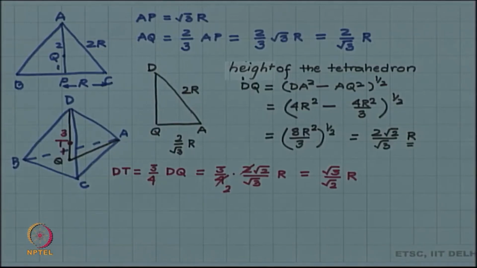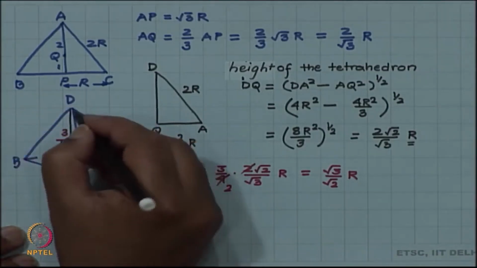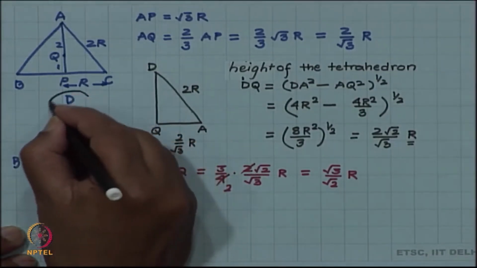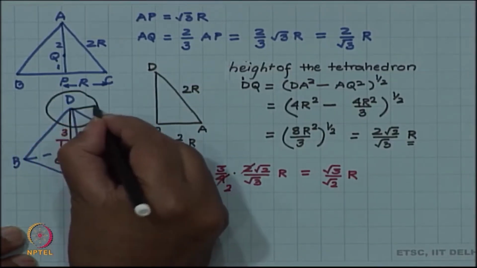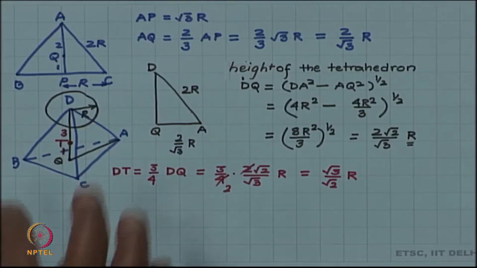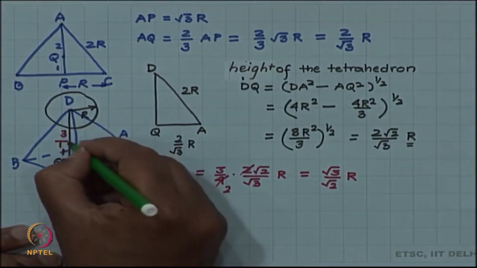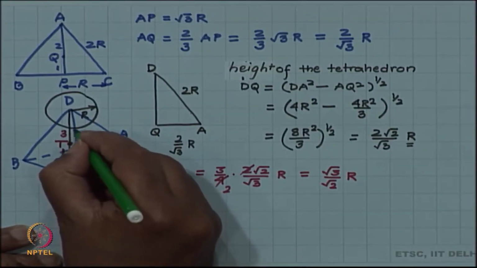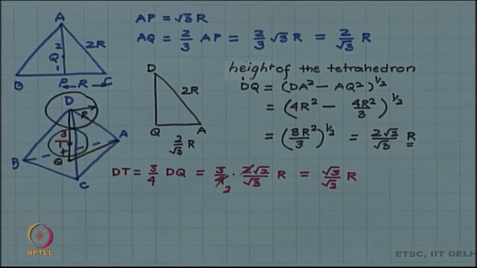Now, let us look at D. There is a sphere of radius R sitting at D. At T is where the void atom can sit, and the largest void atom will be one which just touches this outer sphere.